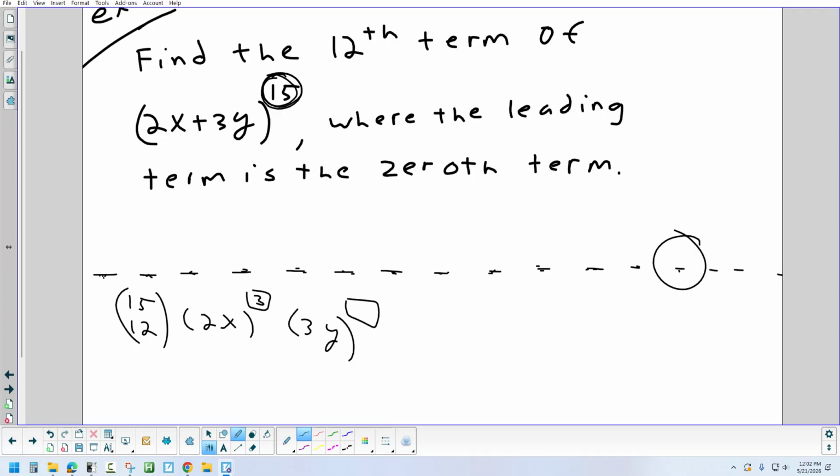And what would be the power on the 3y? We know there's a connection between these two exponents and that one. It has to be 3y to the 12th because these have to add up to 15. So that's the answer.